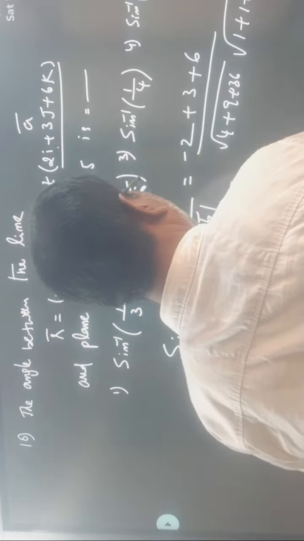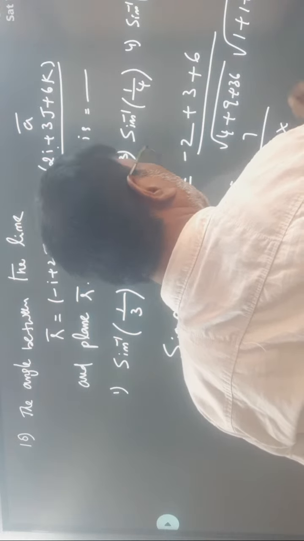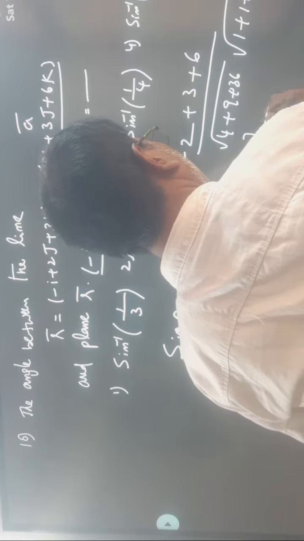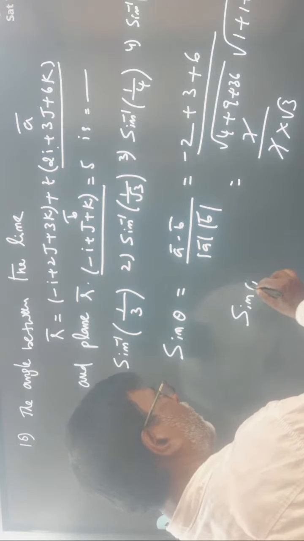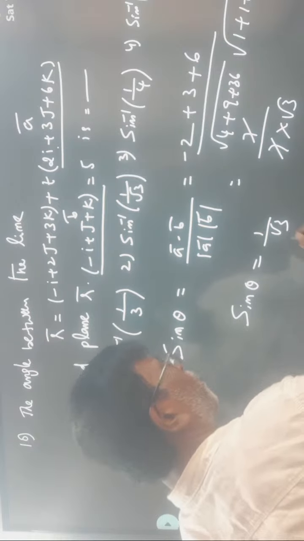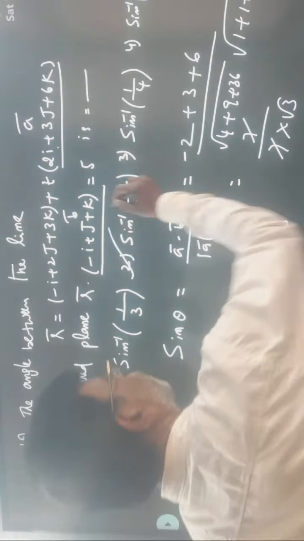So this is 7 by 7 into root 3. So 7 cancels. Sin theta equals 1 by root 3. Theta equals sin inverse of 1 by root 3.